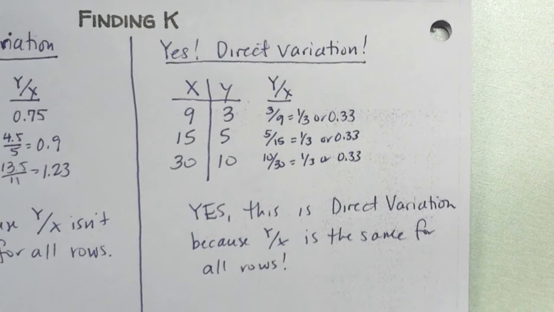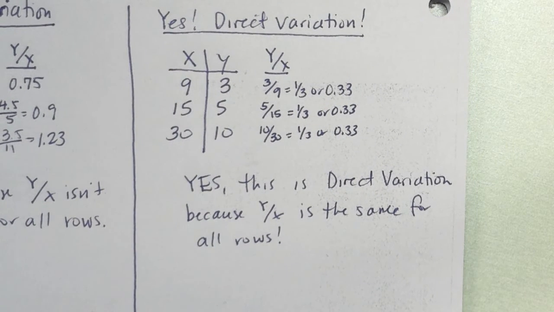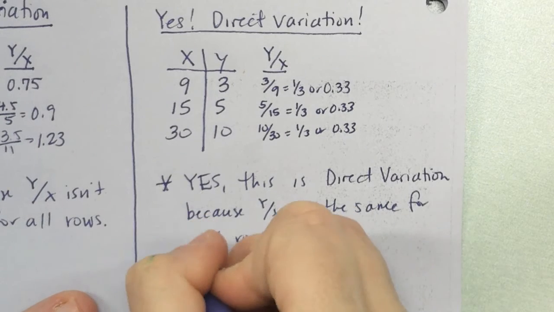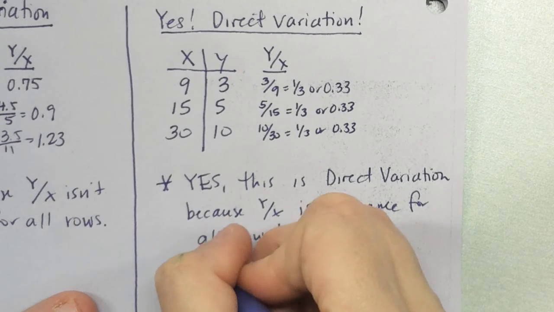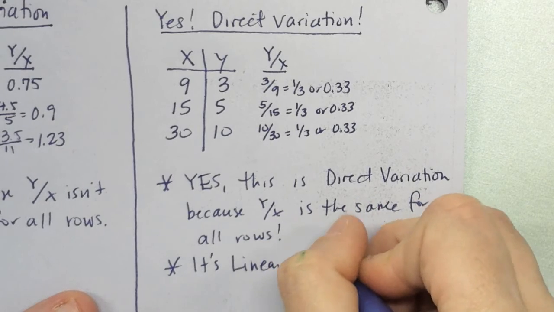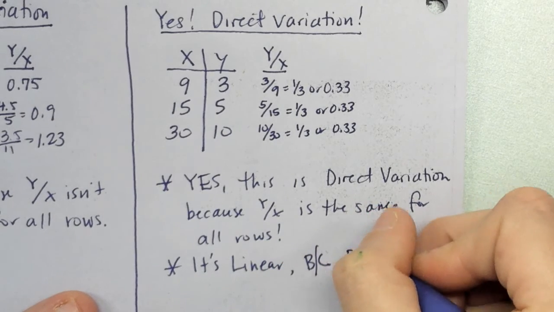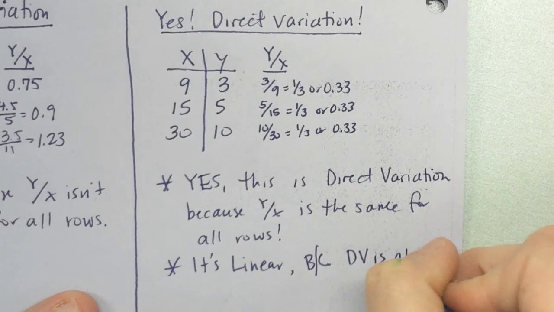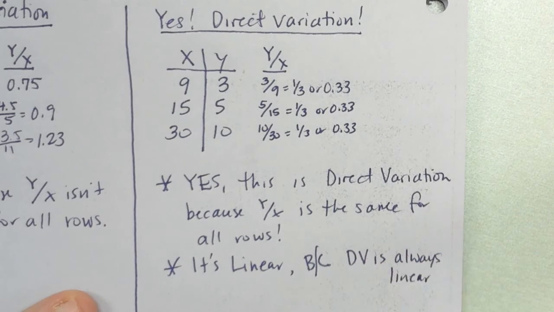Okay? Now, what's kind of awesome about this is we basically killed 3 birds with 1 stone. The first bird we killed is we know it's direct variation. So that's thing number 1. Thing number 2, it's linear, because direct variation is always linear. Okay?